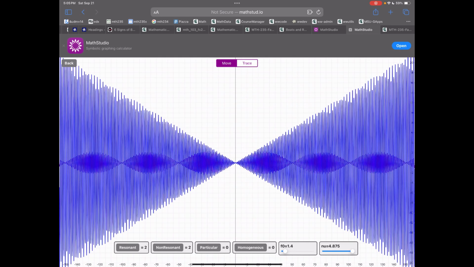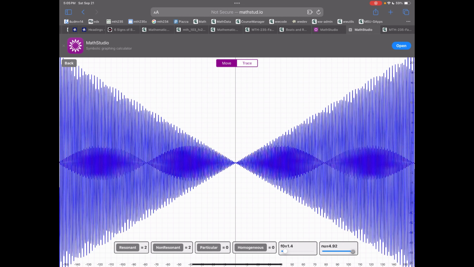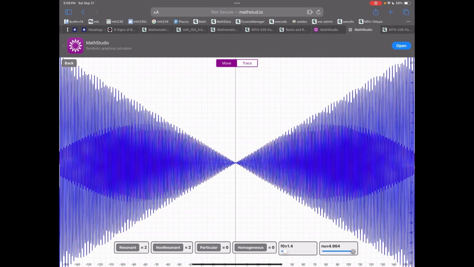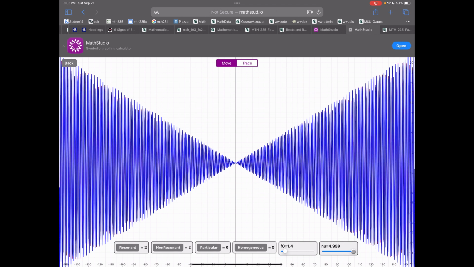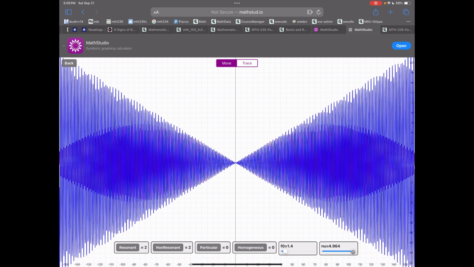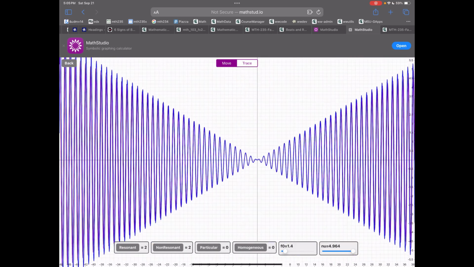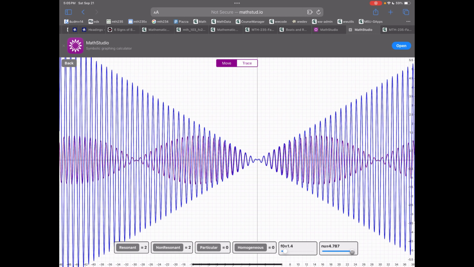You can zoom all the way you want, and the closer you get, there you are going to get the approximation at some point. And this is how the beat solutions approximate the resonant solutions.